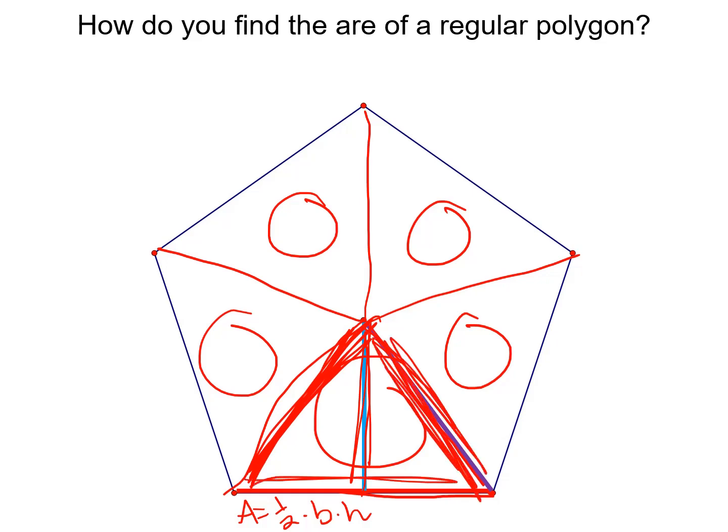So you can find the area of a polygon by taking the area of one of these triangles, and then multiplying whatever we get for the area of this triangle here times 5.